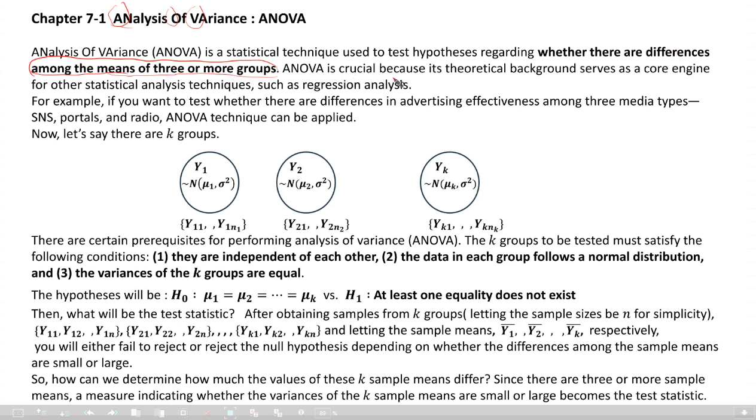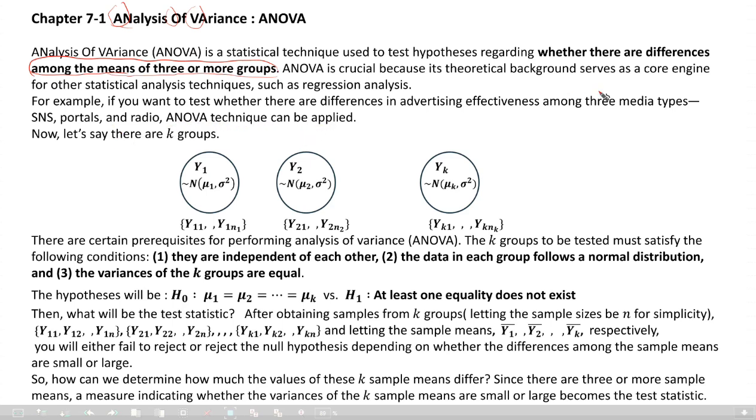ANOVA is crucial because its theoretical background serves as a core engine for other statistical analysis techniques, especially regression analysis. For example, if you want to test whether there are differences in advertising effectiveness among three media types, SNS, portals, and radio, the ANOVA technique can be applied.